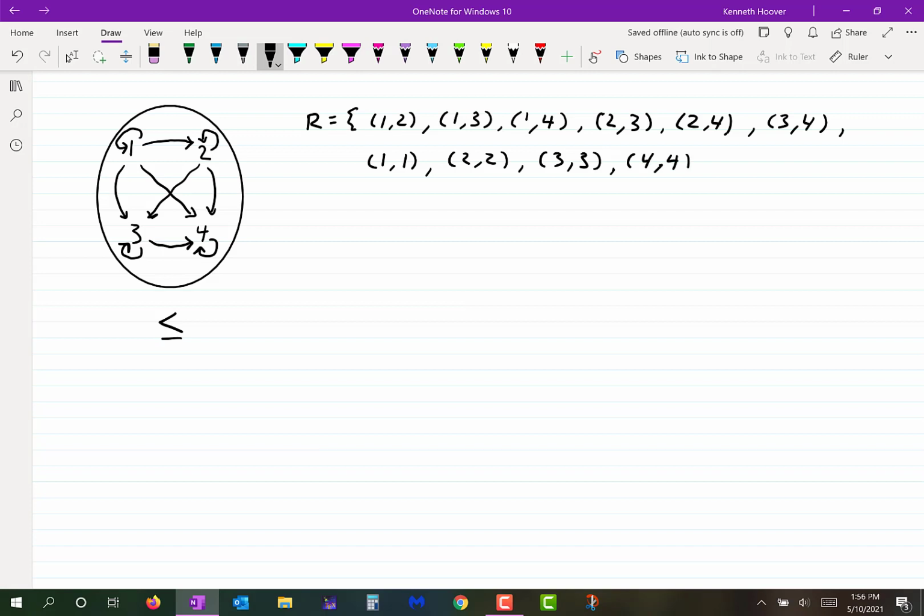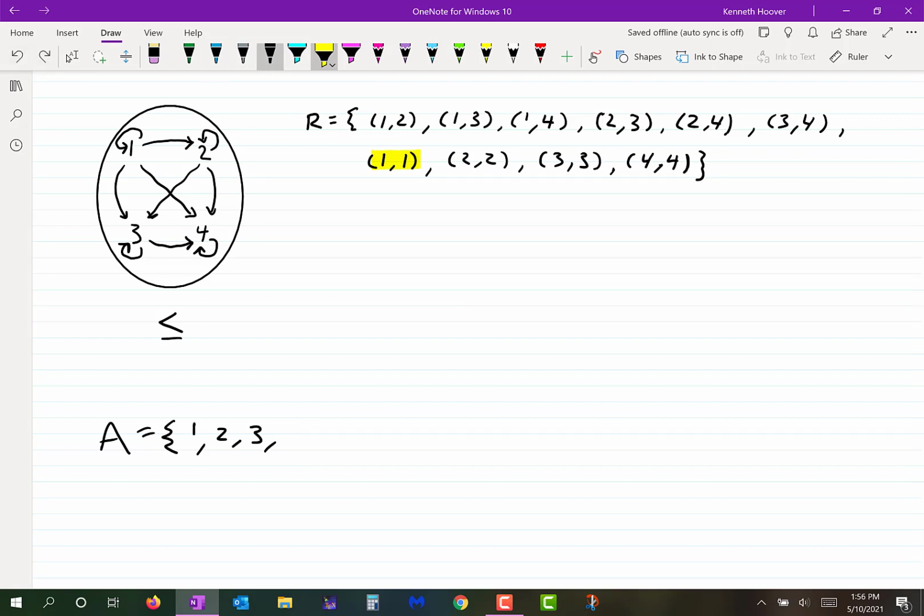So now it's reflexive because every element of A, remember A started out as the set 1, 2, 3, and 4, we see that every element of A is related to itself by the relation less than or equal to. So it is reflexive. The relation less than or equal to is reflexive on A.